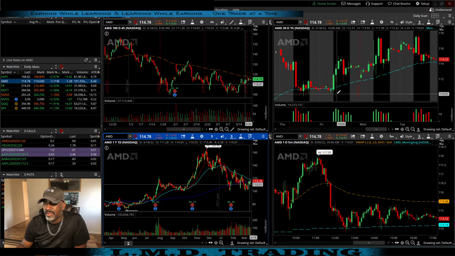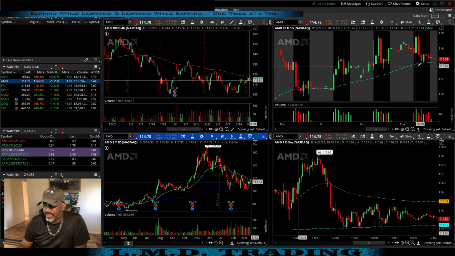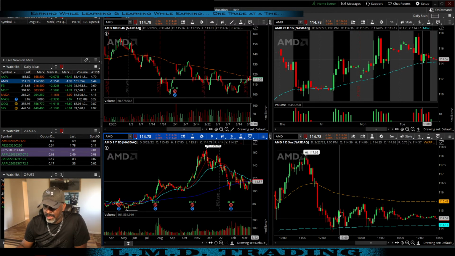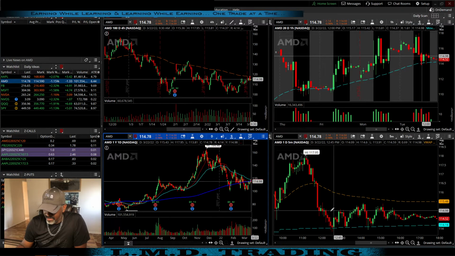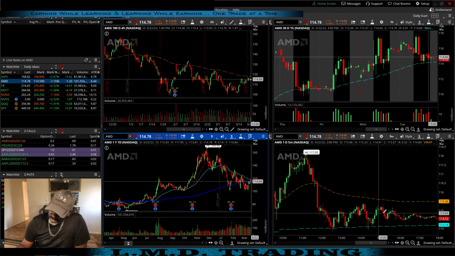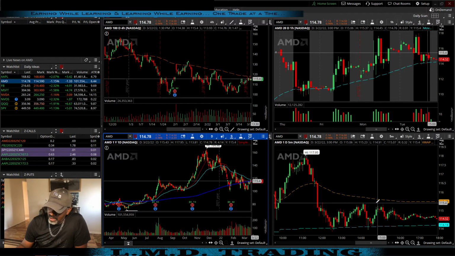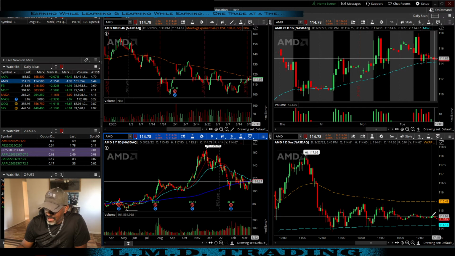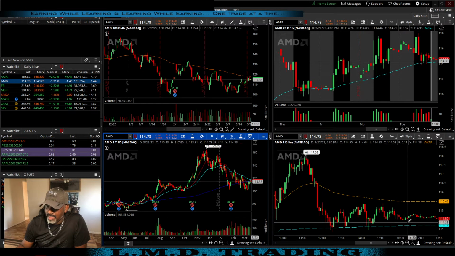On the shorter time frame, the hourly is in an uptrend, but it's kind of flattening over here. And we see that on the 5-minute, it's just consolidating between the 50 and the VWAP, kind of down here on this lower end.